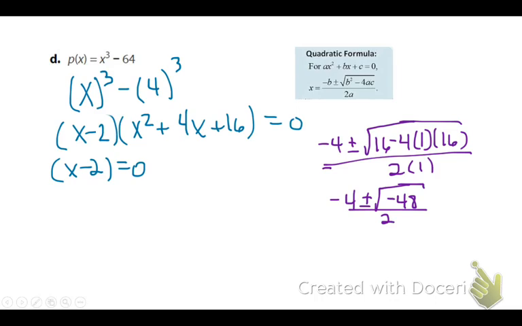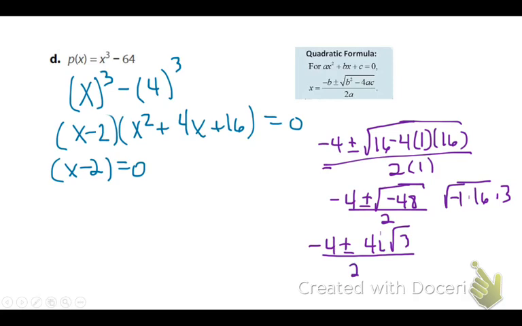And here in the negative 48, we're going to break that down into the negative 1 times our perfect square of 16 times our 3. So that will simplify down to negative 4 plus or minus. The 16 will come out as 4. The negative 1 will come out as i. We'll still leave our square root of 3 under, over 2.